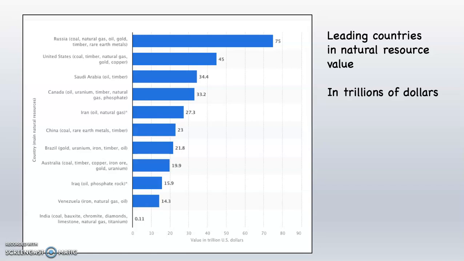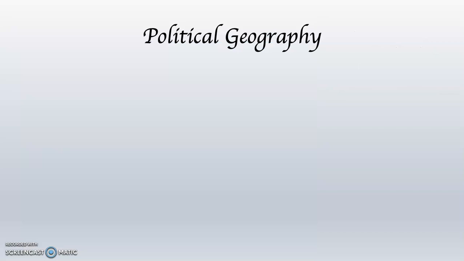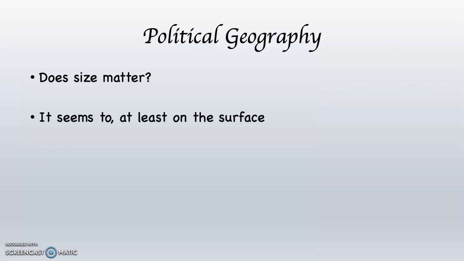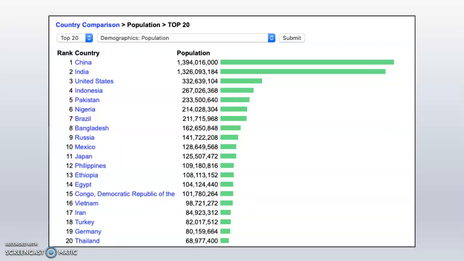And notice, they are 7 of the 11 countries on this graph. And in fact, Saudi Arabia and Iran are both in the top 20 in terms of largest countries. And then we have Iraq and Venezuela on this list as well. So at least in terms of natural resources, it seems if you draw a really big country, you may very well be hitting natural resources. So does size matter? It seems to, at least on the surface, doesn't it? Let's check out a few other factors.